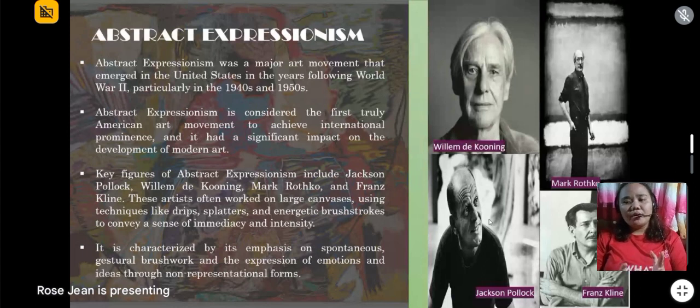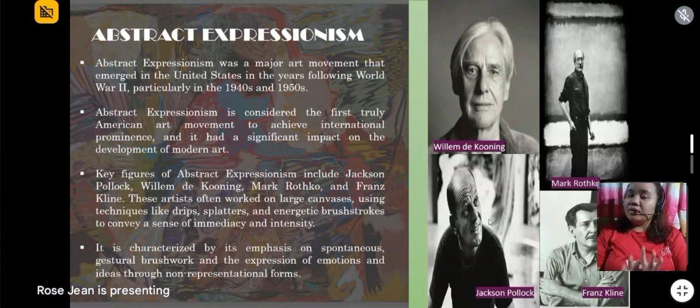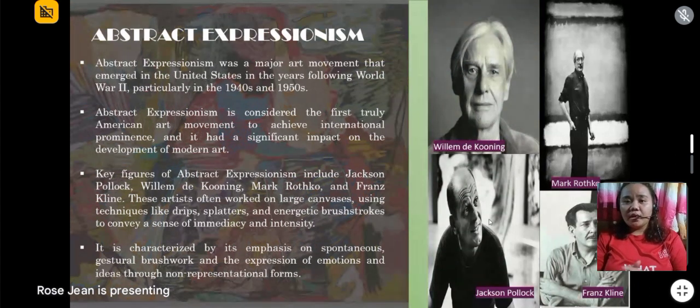One of the most iconic techniques associated with abstract expressionism is action painting, practiced notably by Jackson Pollock. In action painting, the artist would drip, splatter, or fling paint onto the canvas in a spontaneous and energetic manner, creating a sense of movement and freedom.